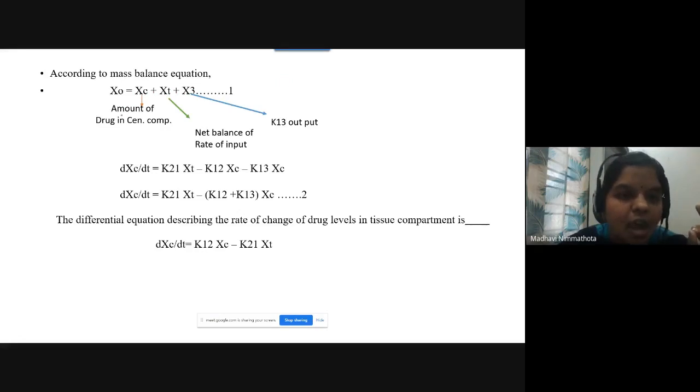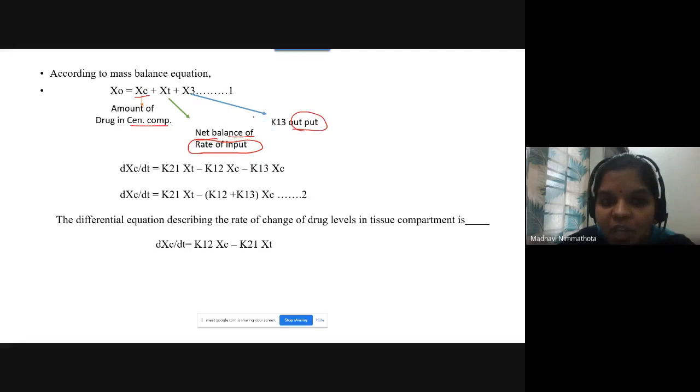XC is the amount of the drug in the central compartment. That's why C means central compartment. X means amount of the drug. And XT is the net balance of rate input. And X3 is the output.